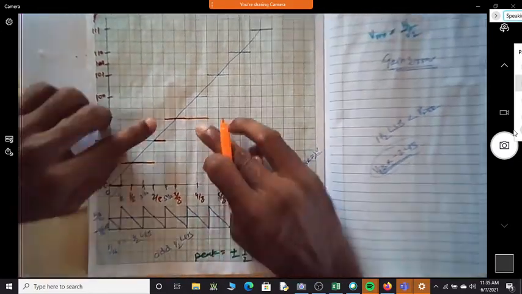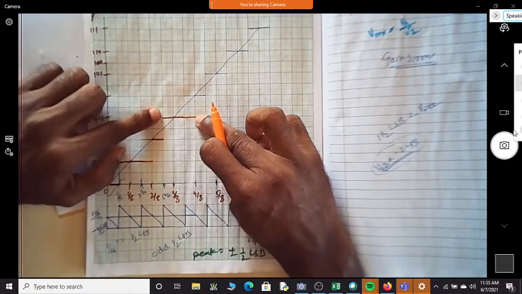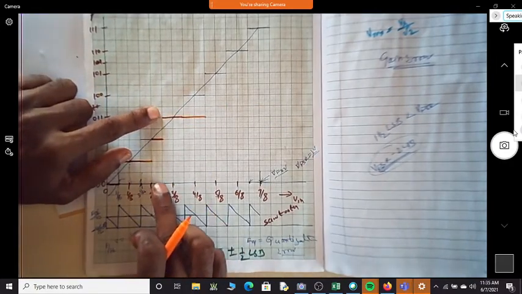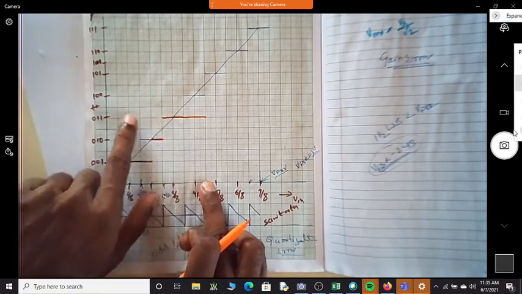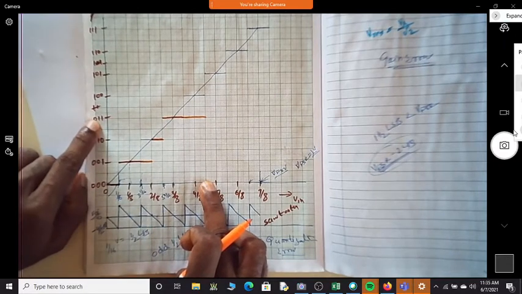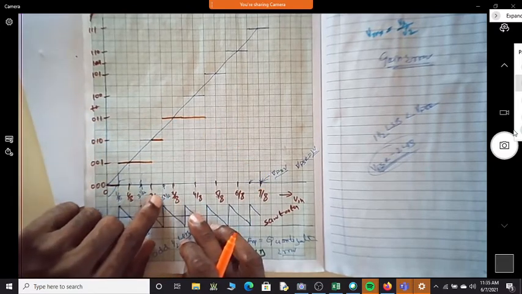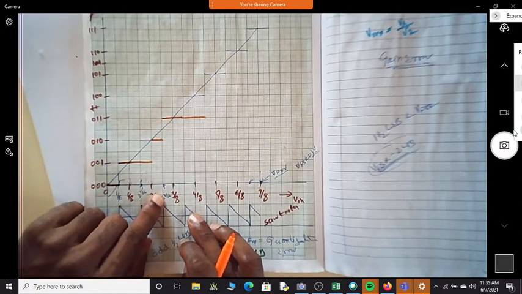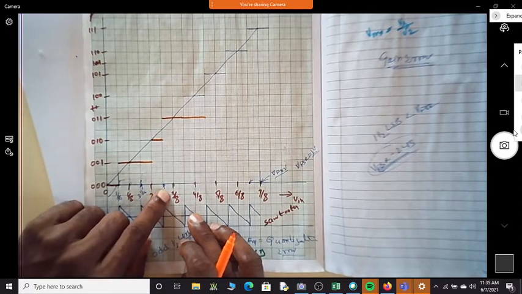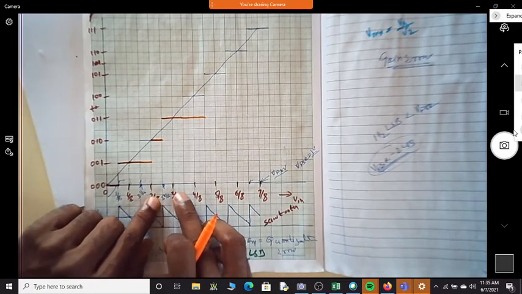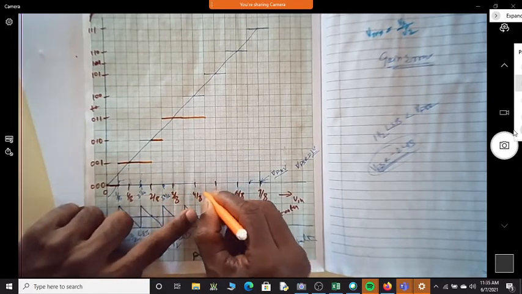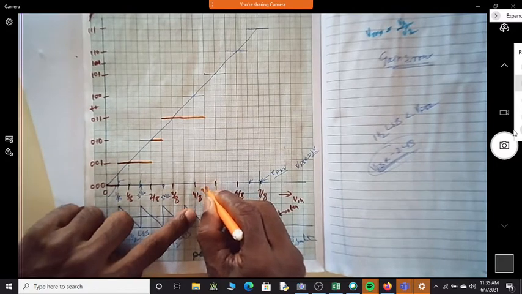The meaning of this lengthy line is if the input voltage changes from here to here, it is represented as 001. The meaning of this line is whether the input voltage is from 5 times 1 by 16 to, so this is 5, 7, 9. So this is 9 times 1 by 16.